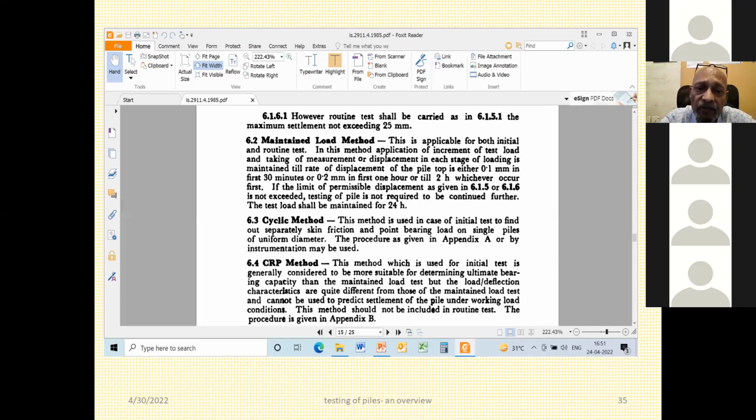That measurement is taken, a graph is plotted, and this method gives not only the capacity but also the characteristic of settlement and rebound. And there is the CRP method, which is generally not very common. In this method, the rate of penetration is maintained constant and the load is changed by changing the pressure of the hydraulic jack. But this is not used more often.